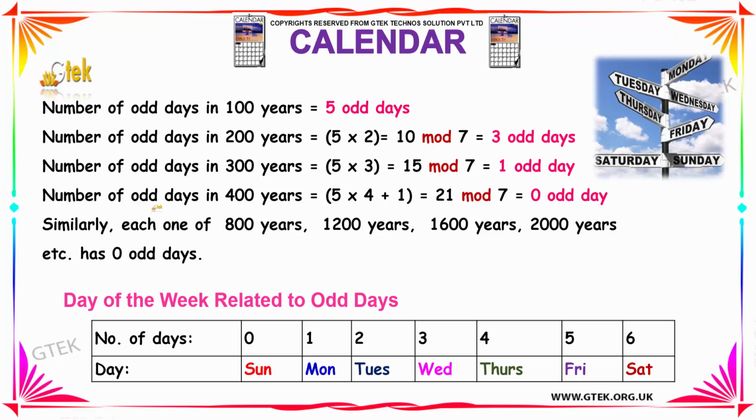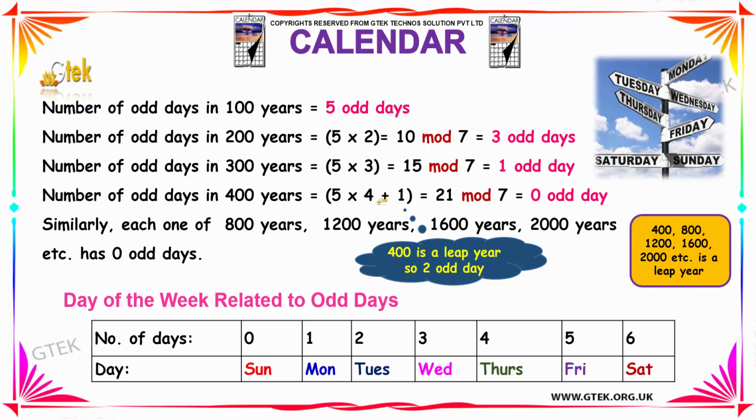The number of odd days in 400 years can be obtained by 5 into 4. Since 400 is a leap year, you have 1 more odd day. So 5 into 4 plus 1 gives you 21 odd days, which can be further grouped into 3 complete weeks.